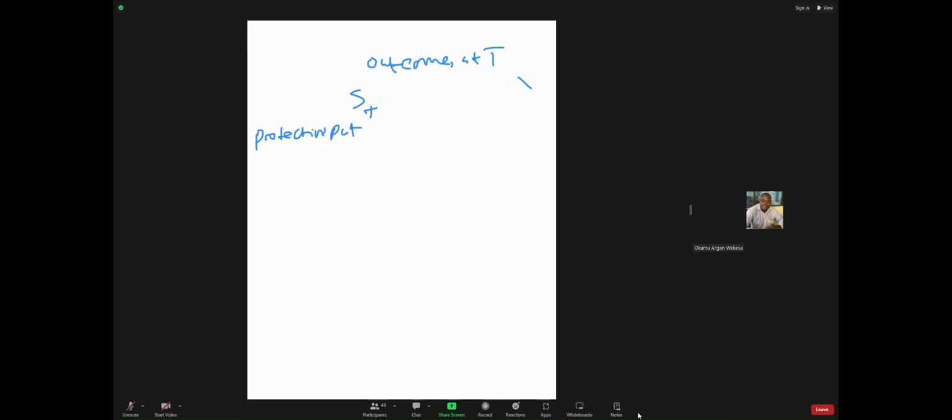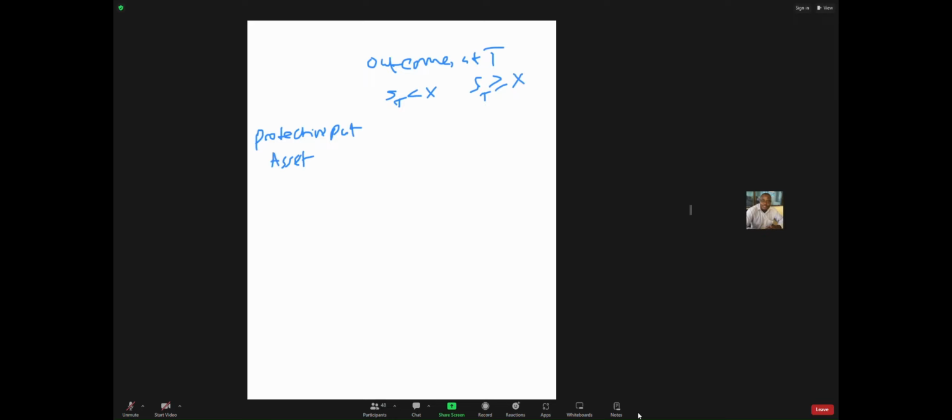Maybe I did not write properly. I can write smaller. So ST is less than X, then ST is greater than or equal to X. So we have the asset here.